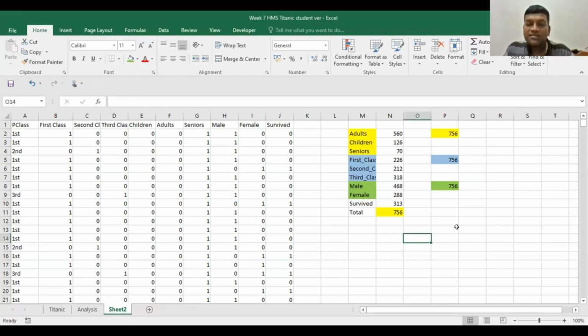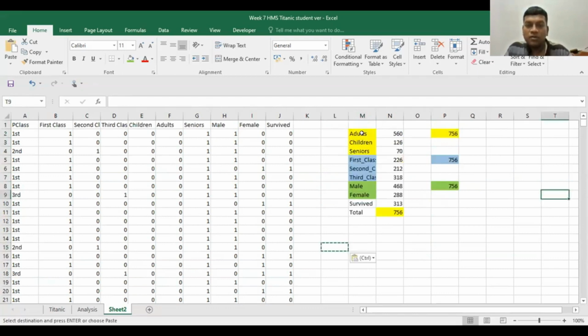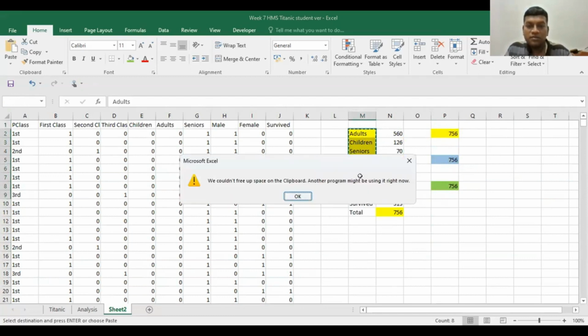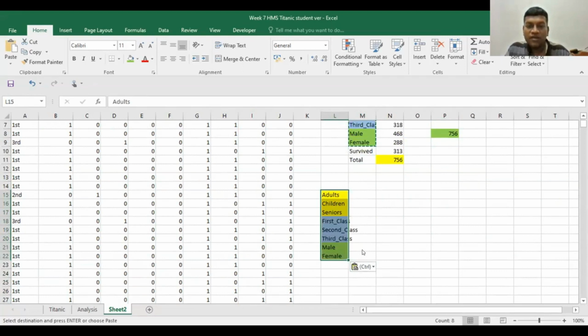So our antecedent is going to be this. Control C, Control V. And I don't want the formatting, I just want the values.